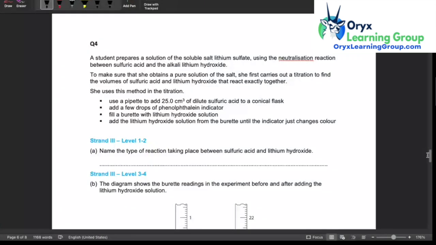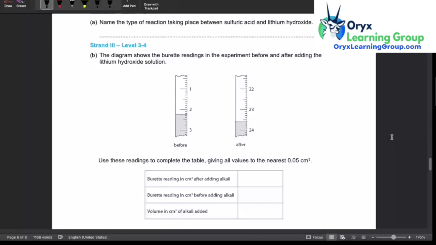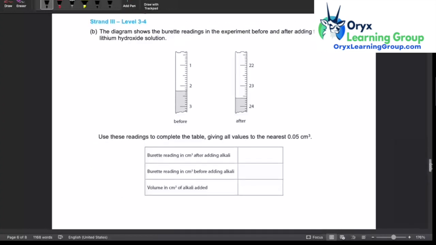Next question. It says the diagram shows the burette readings in the experiment before and after adding the lithium hydroxide solution. Use these readings to complete the table, giving all values to the nearest 0.05 cm cube. Please, this is super simple. Please do not lose any marks here. So tell me what will be the answer for this one: burette reading in cm cube after adding alkali.